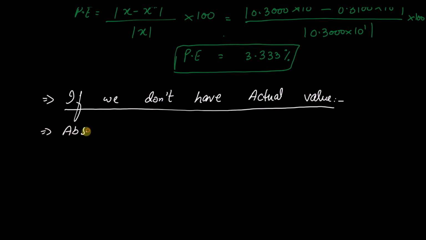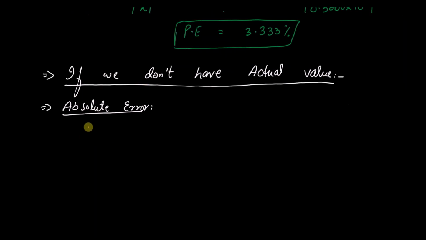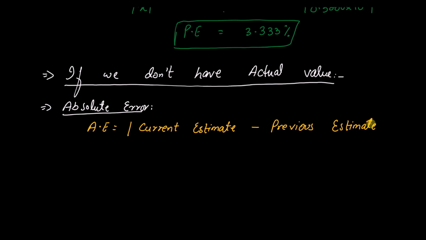So yes, first of all, the absolute error. The formula should be changed if we don't have the actual value. We can write it as: absolute error is equal to mod of current estimate minus previous estimate. Secondly, the relative error.